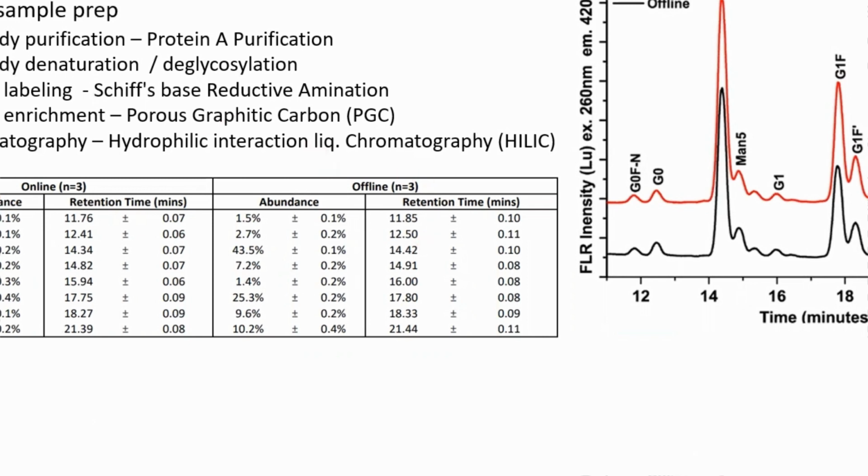Between the online and offline methodologies, for all the glycans measured from this antibody, Herceptin, a biosimilar for Trastuzumab, there are no big changes in the retention time on column, as well as the relative abundances, meaning that we are very robust in the way that we're doing our online and offline methodologies.